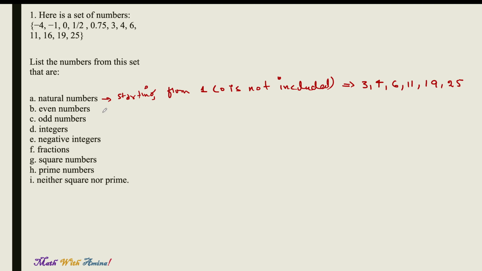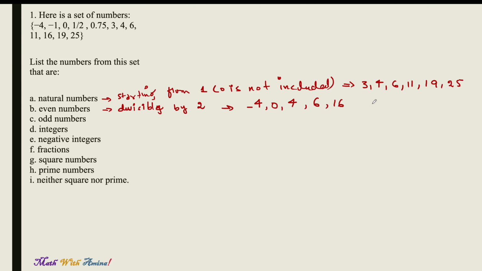Even numbers by definition are whole numbers divisible by 2. So in the set we have -4, which is divisible by 2, 0 divisible by 2, 4 divisible by 2, 6 divisible by 2, and 16 divisible by 2.